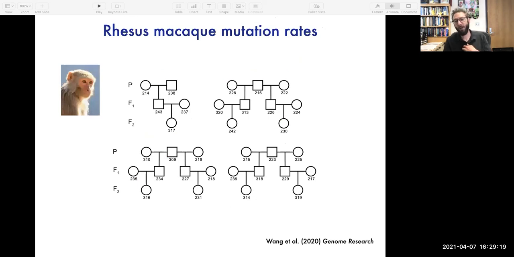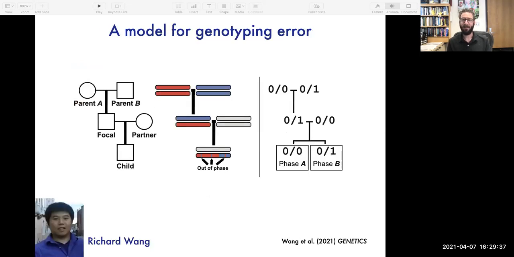Okay, so we largely did the same kind of experiment in Rhesus macaques as we did in owl monkeys. The pedigrees have a slightly more complex flavor, but it's mostly the same types of inferences we can make. This project, and essentially everything I'm going to talk about from here on, was led by a postdoc currently in the lab, Richard Wang.